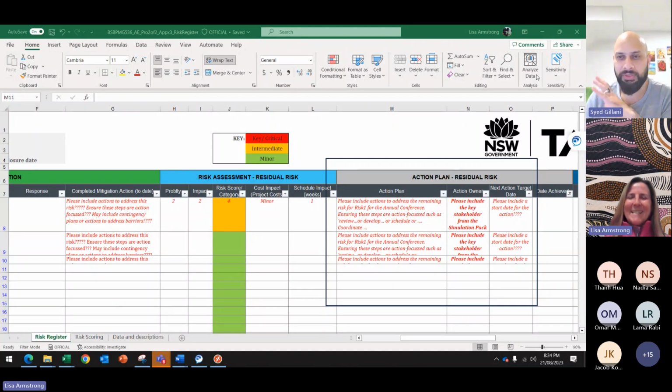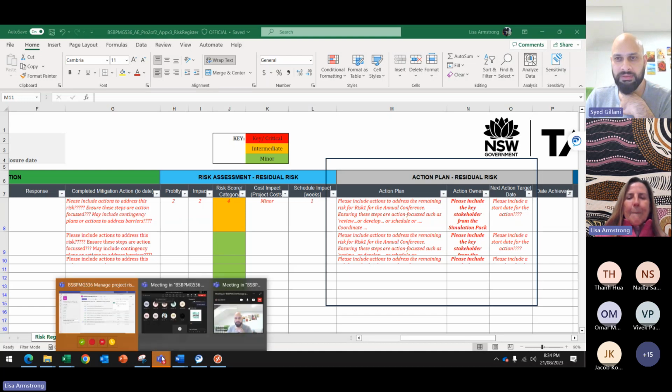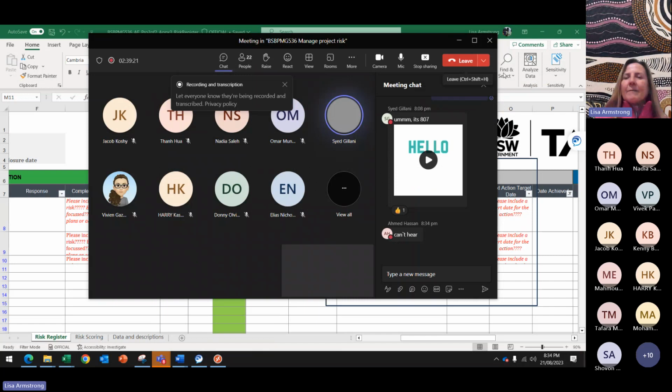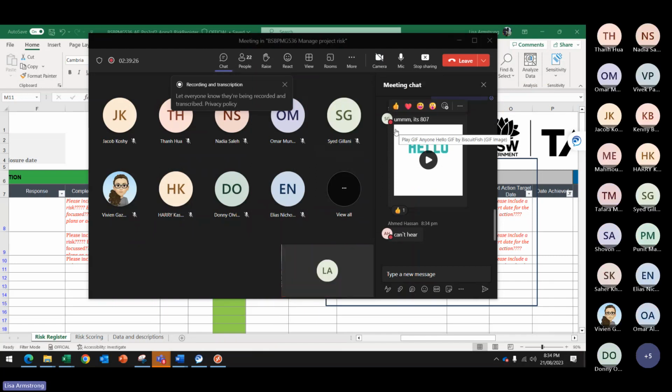I'm always still trying to find the crickets here and there. I'm sure I'll find many. We were doing well earlier, and then it's just all gone. Everyone's had dinner and I just can't think anymore. Oh, Ahmed can't hear. What's going on? What's the matter, Ahmed? Maybe I should turn my camera off. Let's try that. Hopefully that may help the sound.